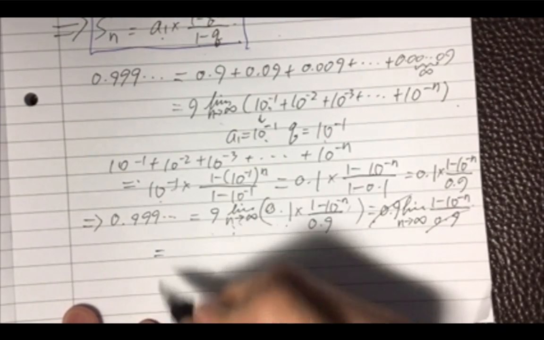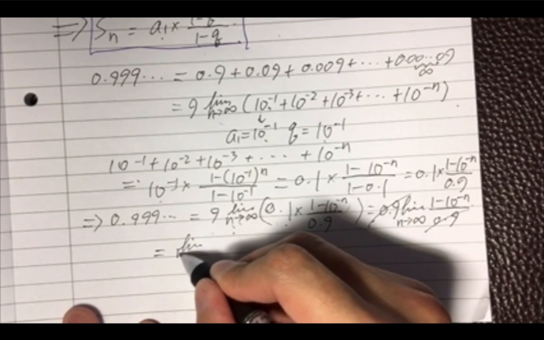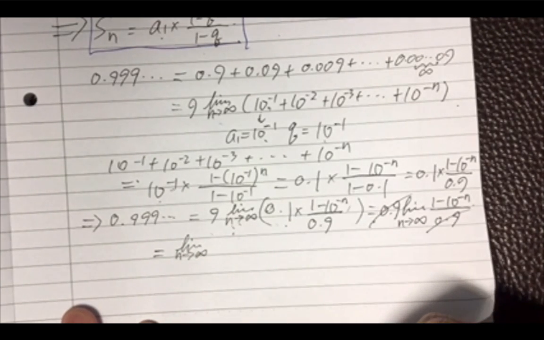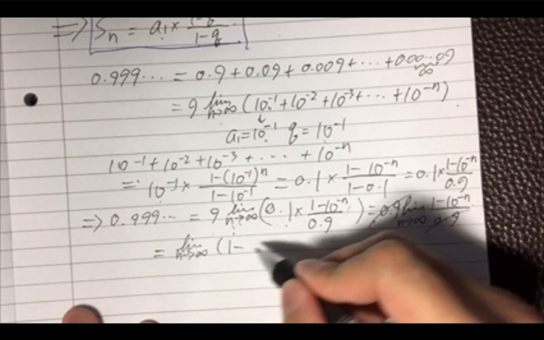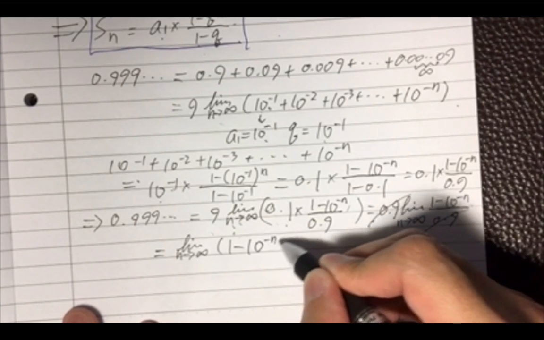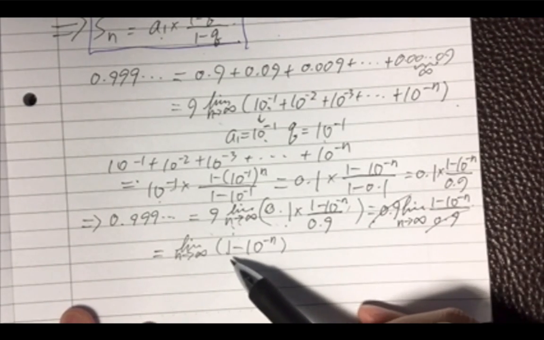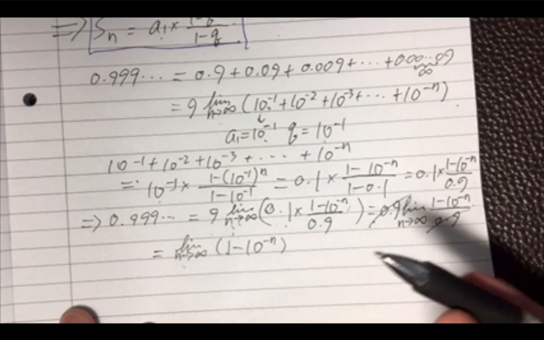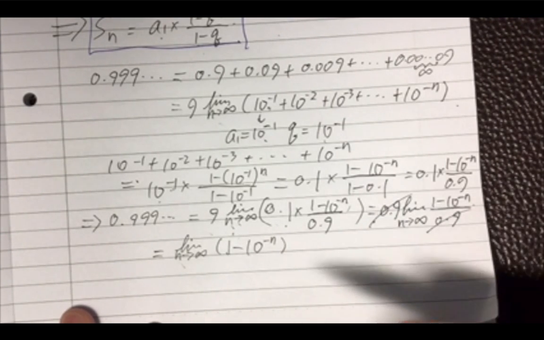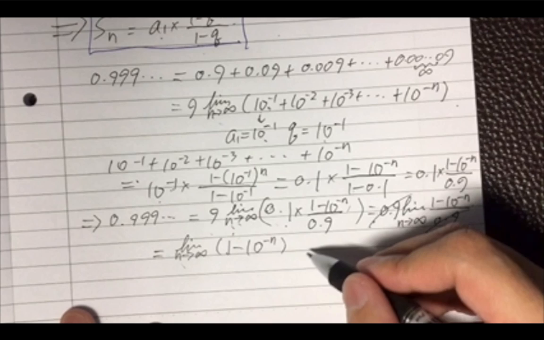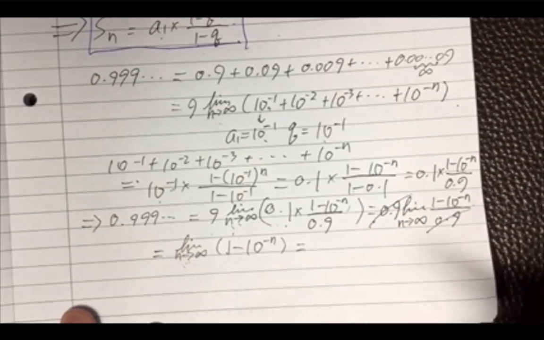So what we got is the limit n to infinity of 1 minus 10 to the power of negative n. And we know that 1 has nothing to do with n. It doesn't contain any term that has a relationship with n. So we just shift it out of this limit.